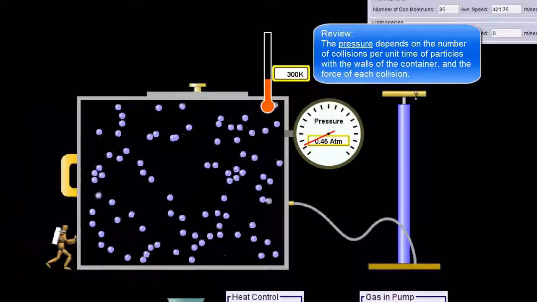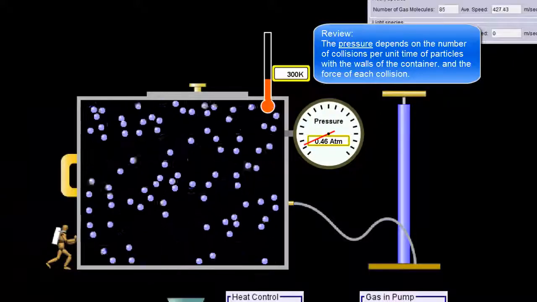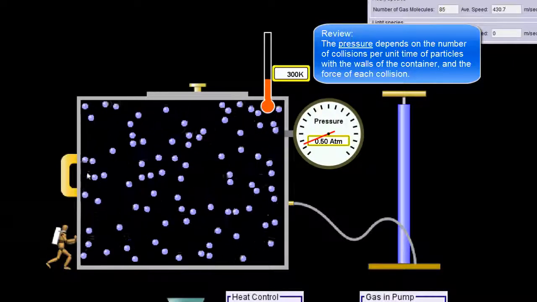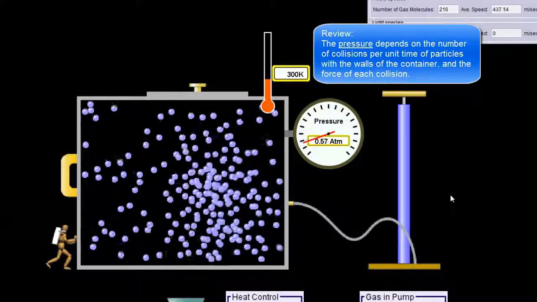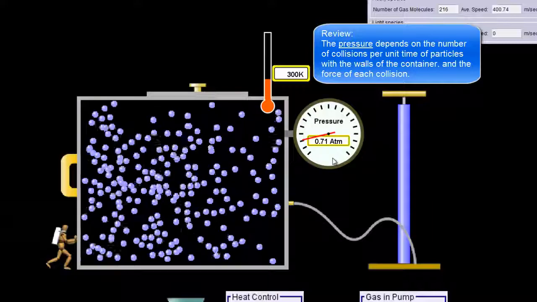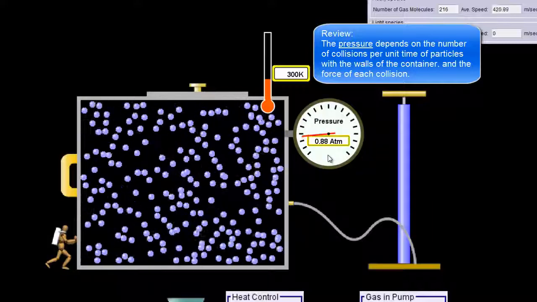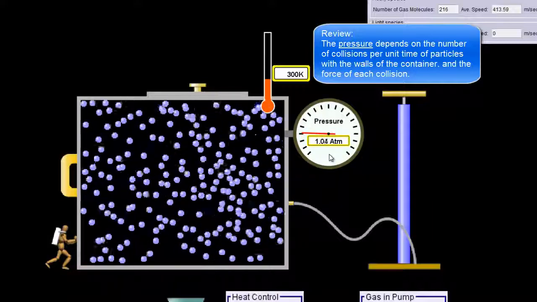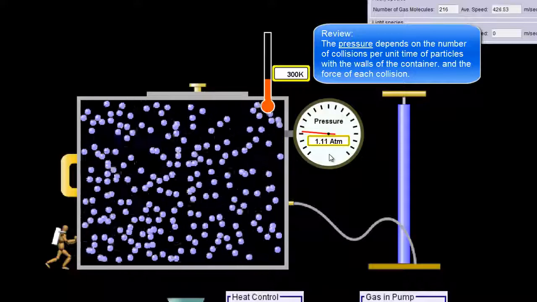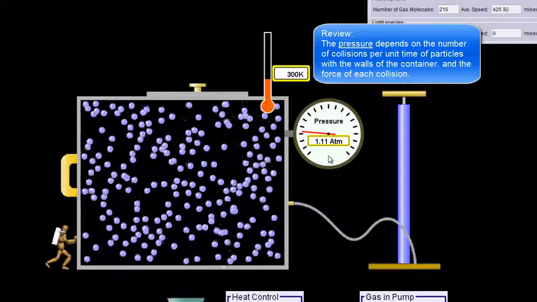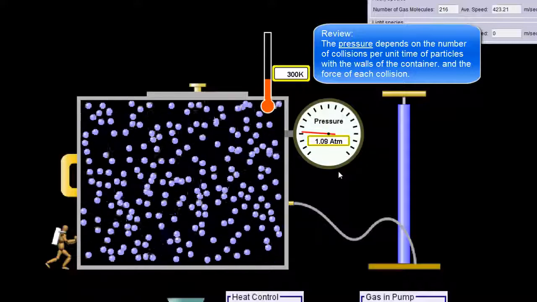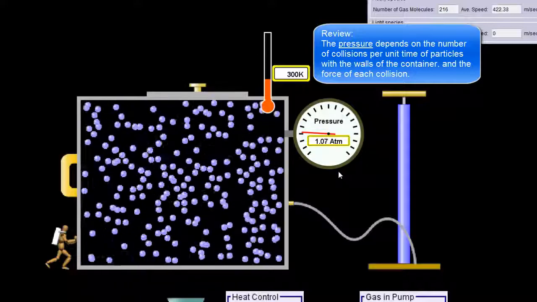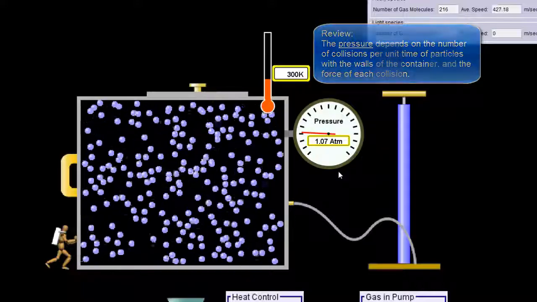If I double the amount of particles without changing the temperature or the volume, we can see that the pressure increases. In fact, it pretty much doubles.